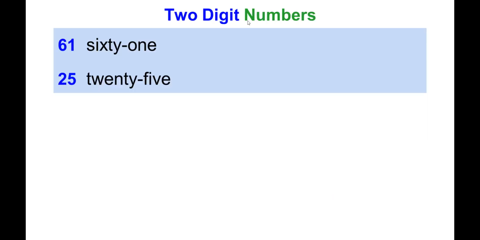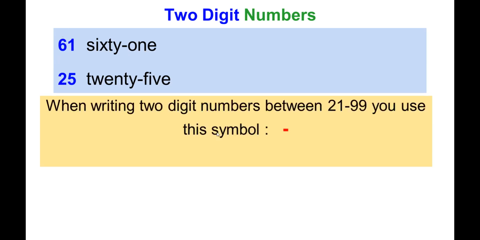We have two-digit numbers. 61 and 25 are two-digit numbers. If you notice, when writing two-digit numbers in words, there is a hyphen, or this little line, between the two numbers. For example, 22. Again, you can see the little line.